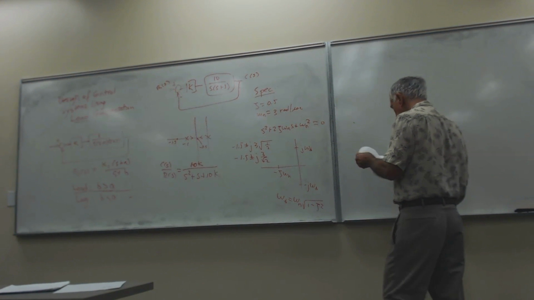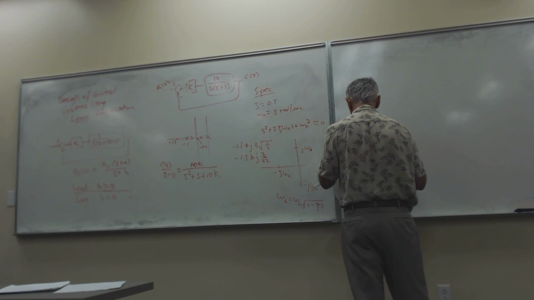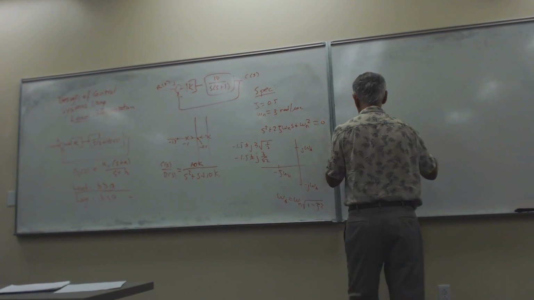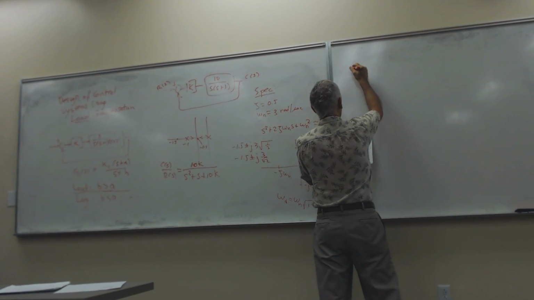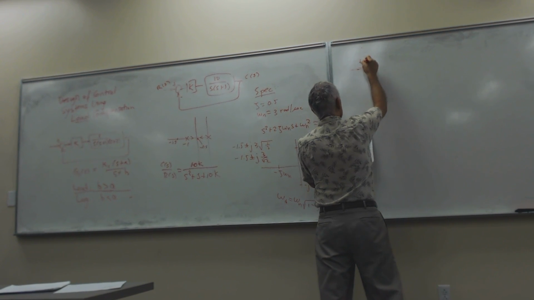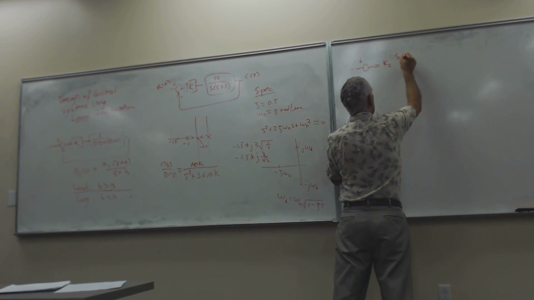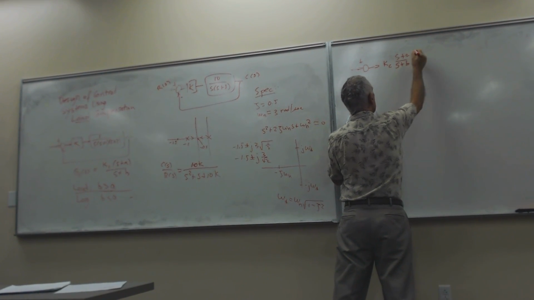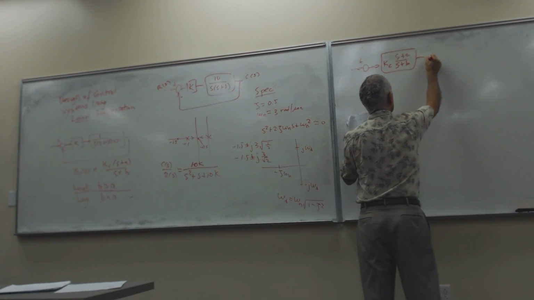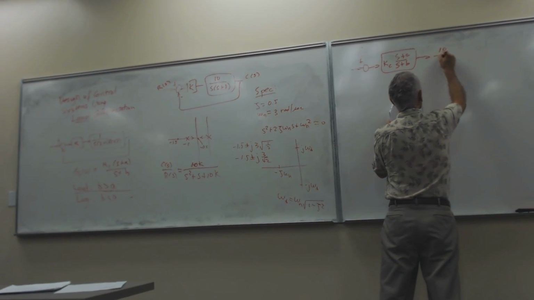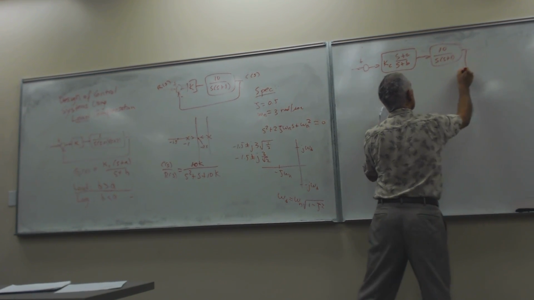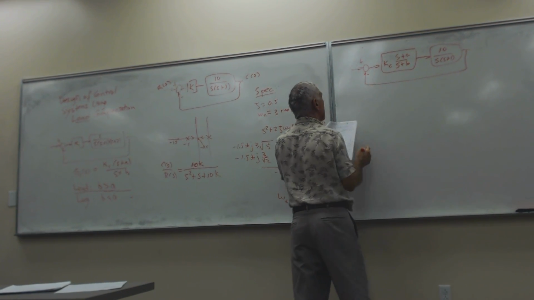Okay, so our control system now looks like this. We have the compensator, K sub C times S plus A over S plus B, and then we have the plant, which is 10 over S, S plus 1, and unity feedback.